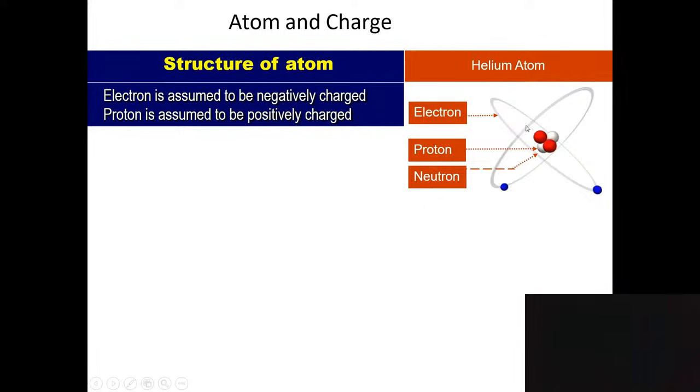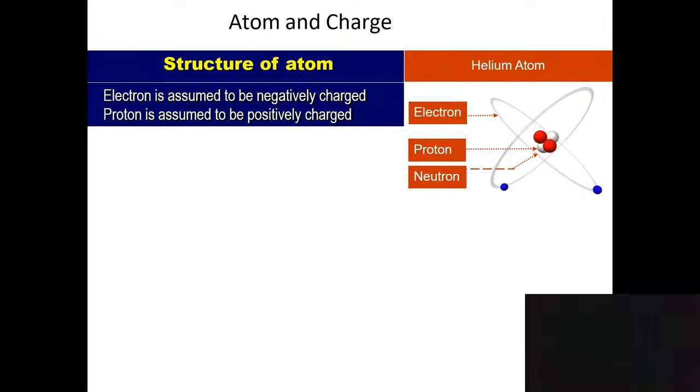Actually, this is a helium atom. A helium atom contains electrons, protons, and neutrons. The electrons move around the nucleus, right? The red color indicates a proton, and the white color indicates a neutron.